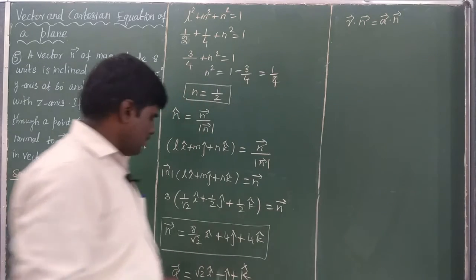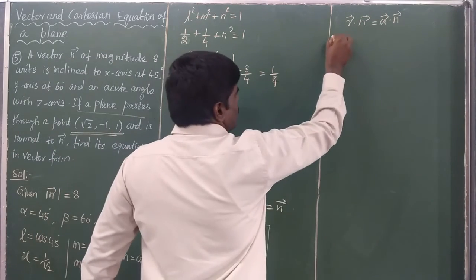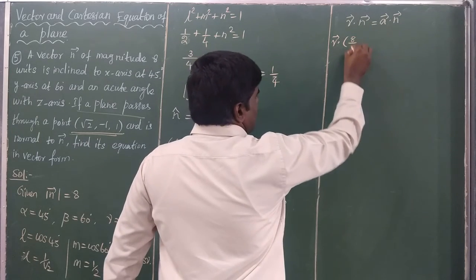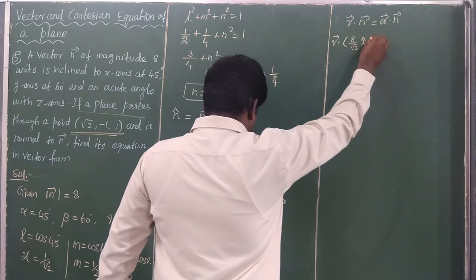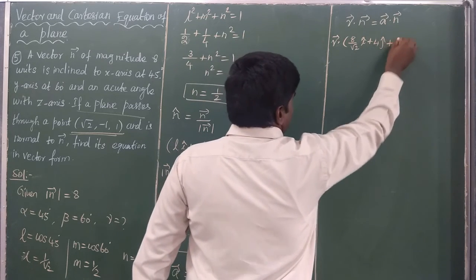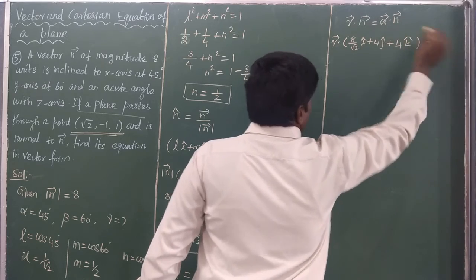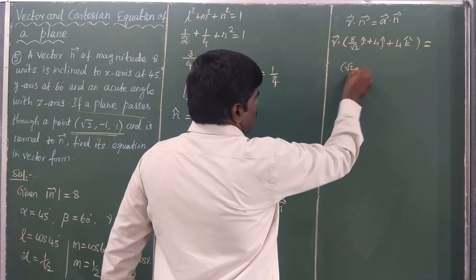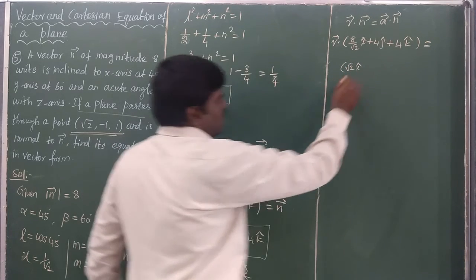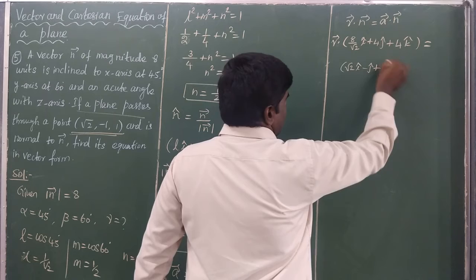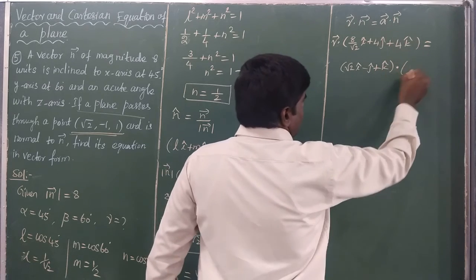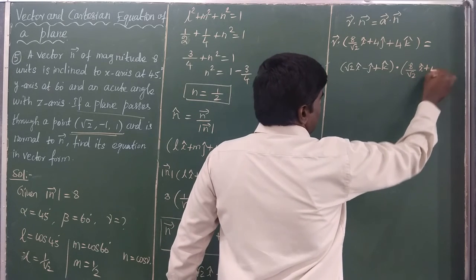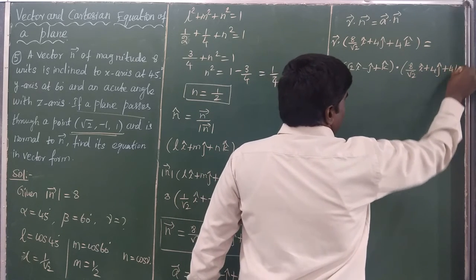Is that clear? In the same way, r vector dot, what's the value of n vector? 8 by root 2 i cap plus 4 j cap plus 4 k cap is equal to, what's the value of a vector? a vector is root 2 i cap minus j cap plus k cap, dot n vector. This is the value of n vector: 8 by root 2 i cap plus 4 j cap plus 4 k cap.